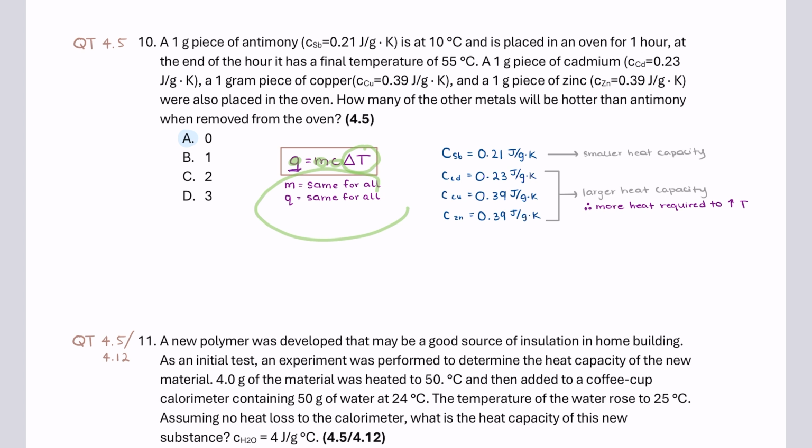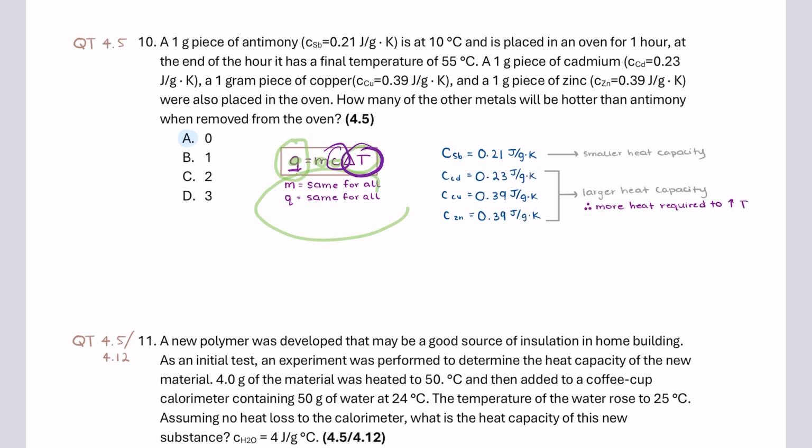That means that the amount of heat absorbed, Q, is effectively the same for all 4 metals. So since Q and m are constant, any difference in temperature change must come from differences in specific heat capacity.